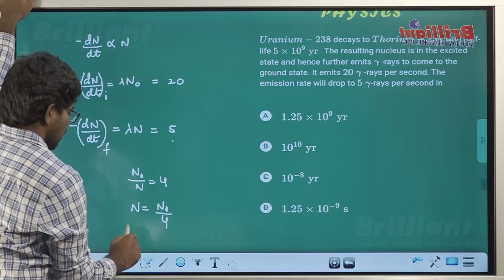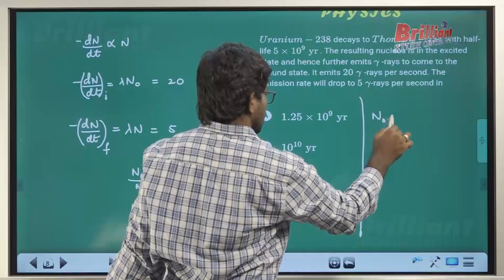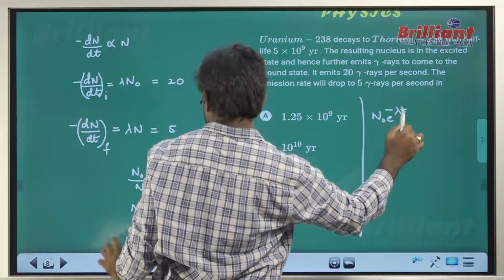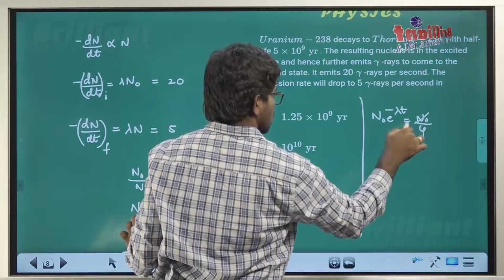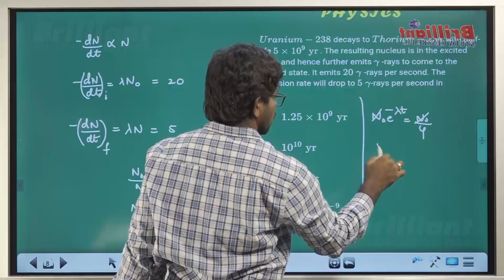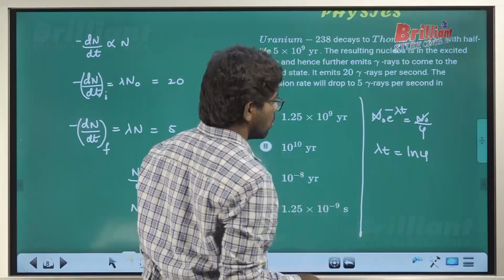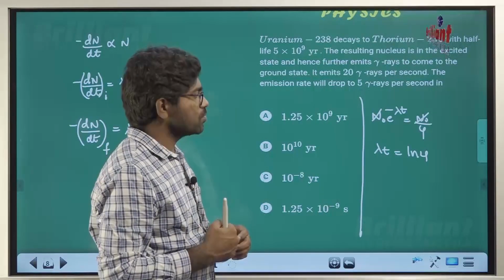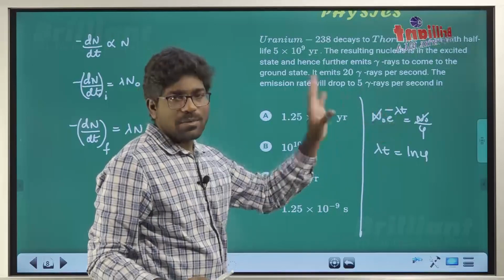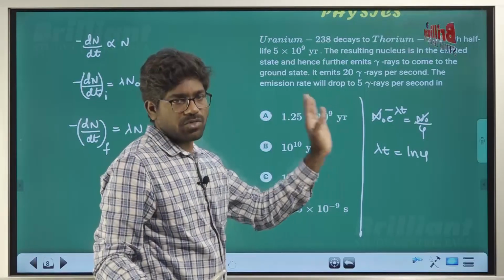And what is the formula for N? N equals N naught into e power minus lambda t. So that is N naught by 4, right? So lambda t equals ln 4. Can you do this? I directly wrote this. Take ln on both sides.